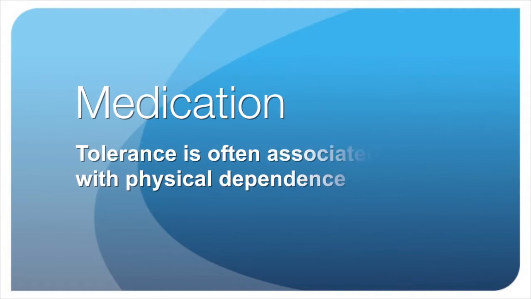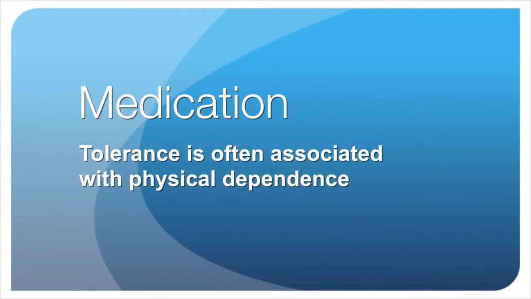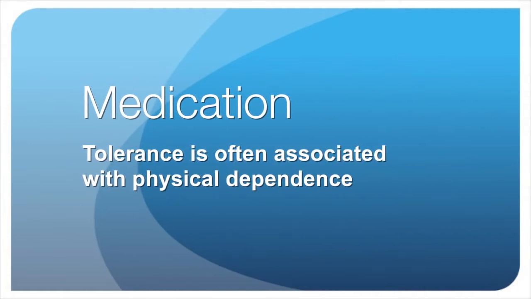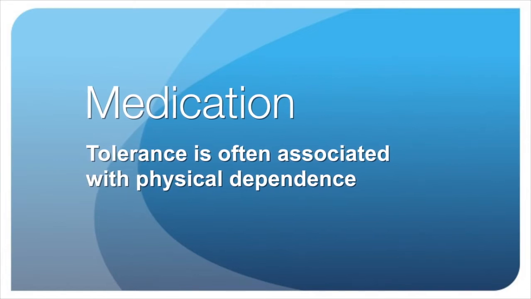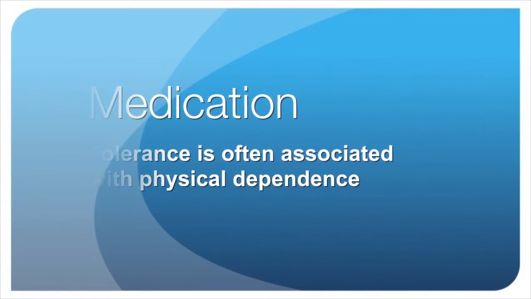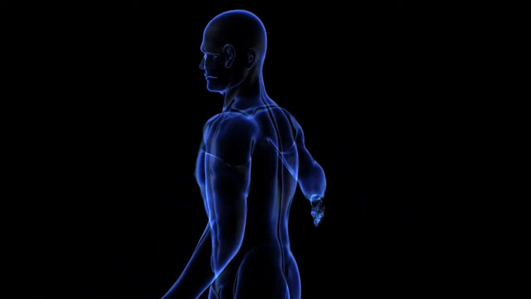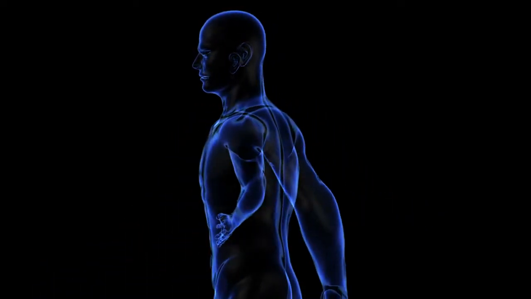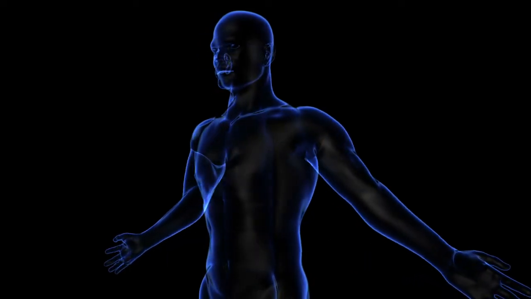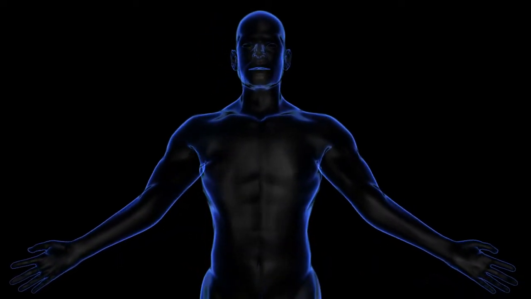Tolerance is often associated with a physical dependence. Physical dependence is when the body gets so used to having a medication around that it needs to have that medication to function normally. And if you deprive the body of that medication, if you stop taking it suddenly, you start to develop a sickness syndrome.